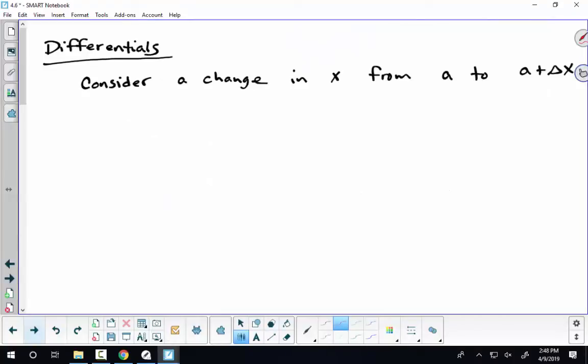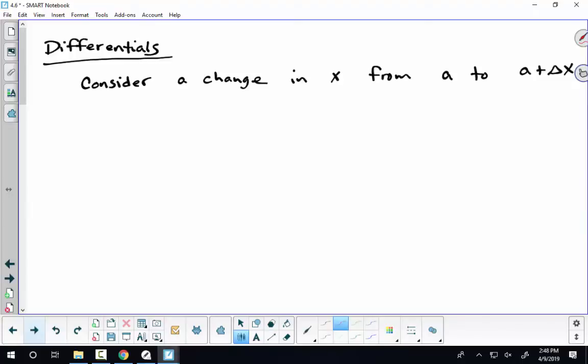Okay, then changing gears a little bit. The second topic in 4.6 is related to the linear approximation: the notion of differentials.